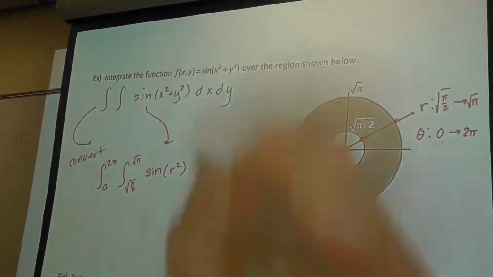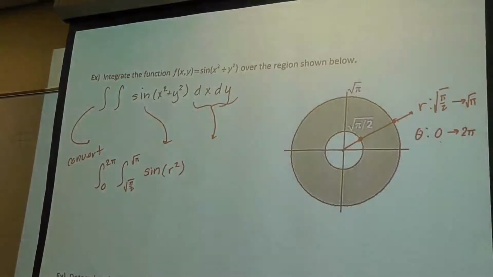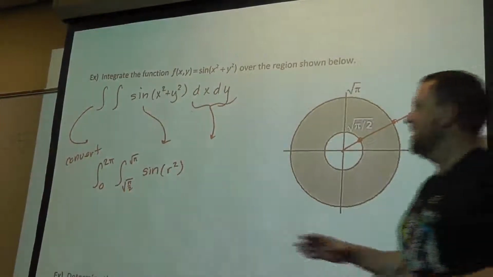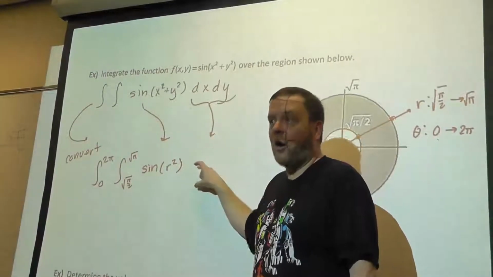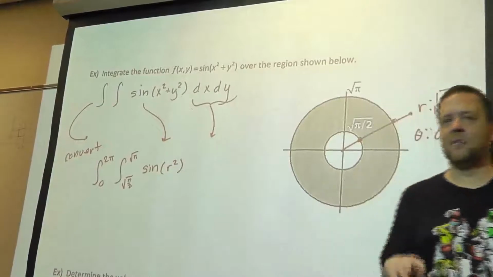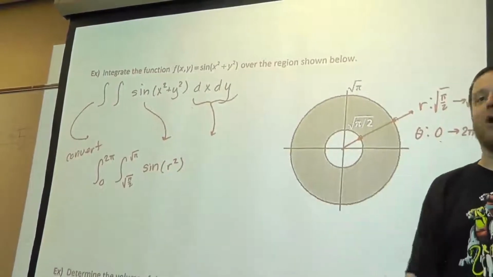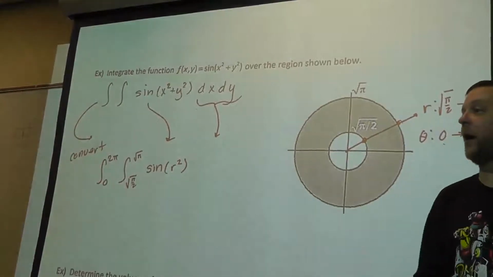And then dx dy, this is where you need to remember your double integral compensator. The regular dx dy differential in rectangular becomes r dr d theta in polar. You always put that extra r in there whenever you make a conversion to polar. It's just part of the process.